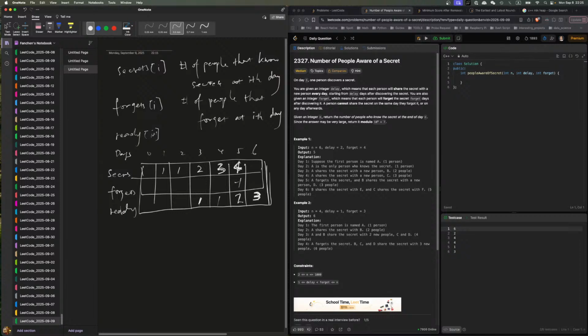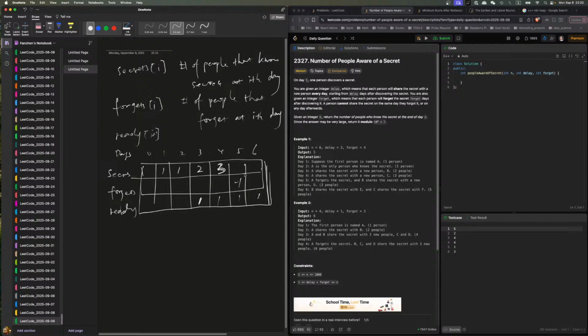But 1 person cannot share. Here's a little bit thing we need to handle. So I know this is a 1 because we handle this, and this is also a 1.